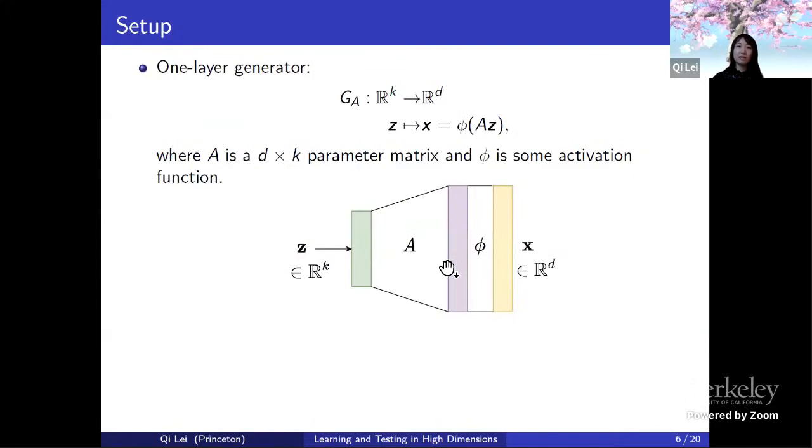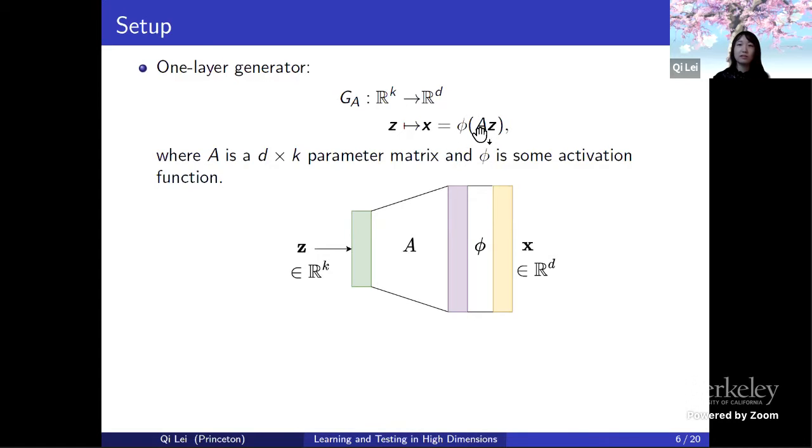And in this setting, we take a further step by studying a one-layer generator. So we study a generator of this form. G_A is parameterized by a matrix A of dimension D times K. It maps from an input Gaussian distribution of dimension K to an output image of dimension D. And the form of the generator is just a linear map composed with a nonlinearity.